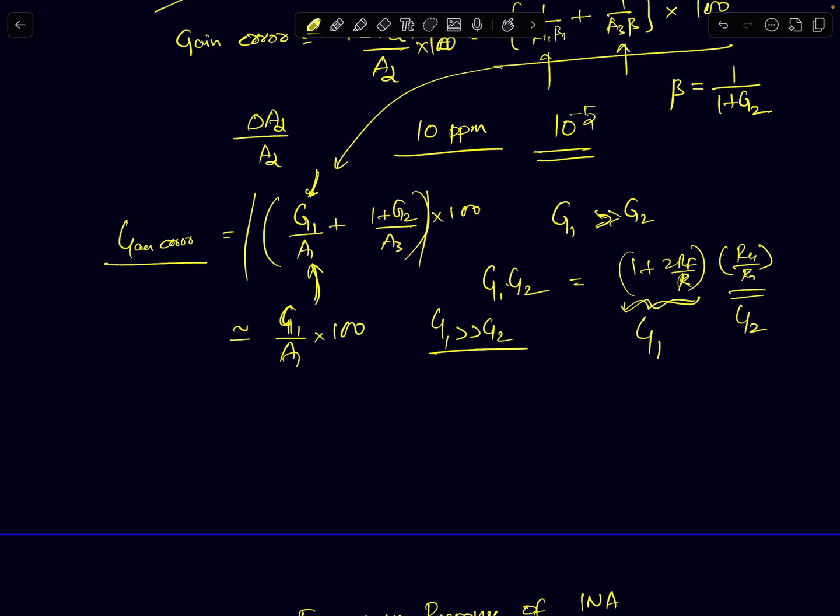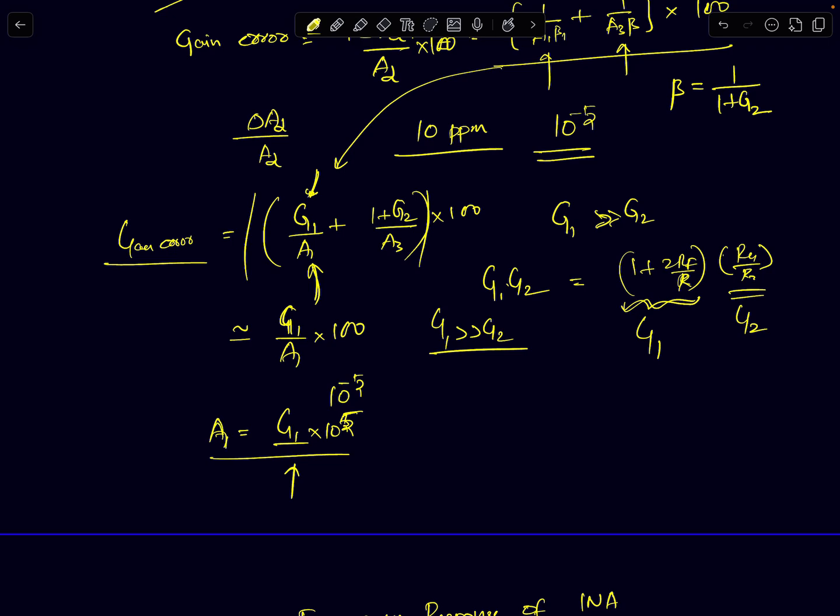Now if I need a gain error of 10 power minus 5, that tells you A1 should be equal to G1 times 10 power 5. So the first stage gain multiplied by 10 power 5 should be your A1.